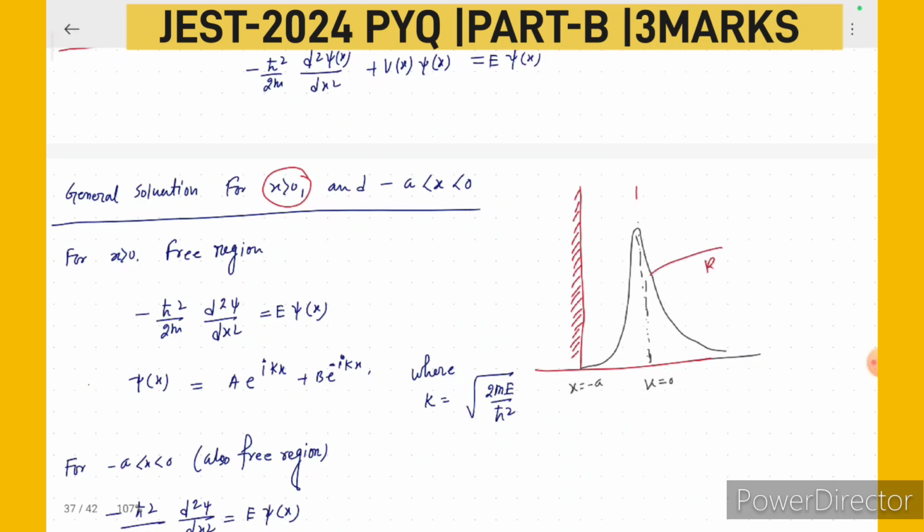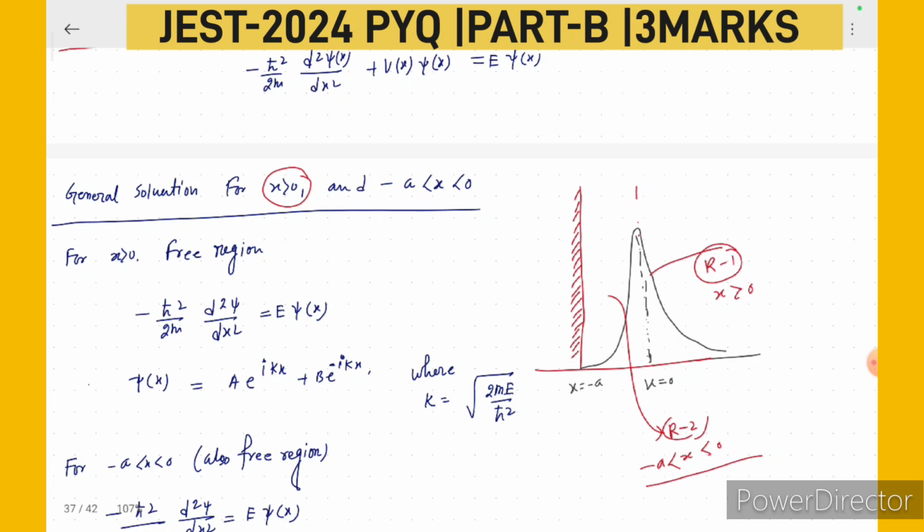This is region 1, x greater than 0, and this is the other region, region 2, minus a less than x less than 0.